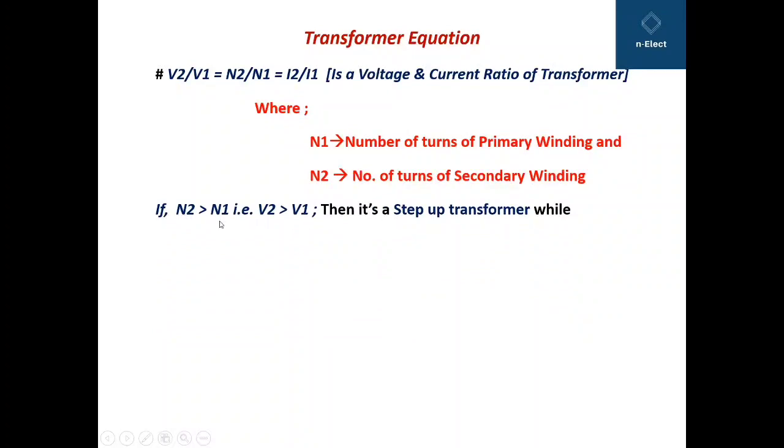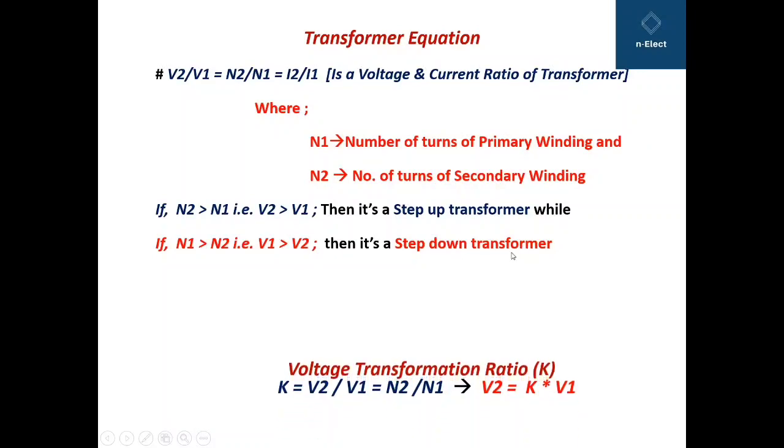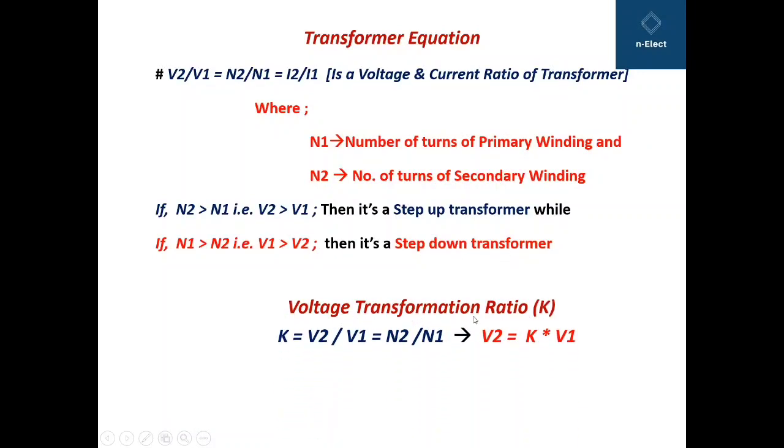If N2 is greater than N1, then naturally V2 will be greater than V1, and the transformer will be called a step up transformer, while in the other case, when N1 is greater than N2, that is V1 is greater than V2, the transformer will be a step down transformer.